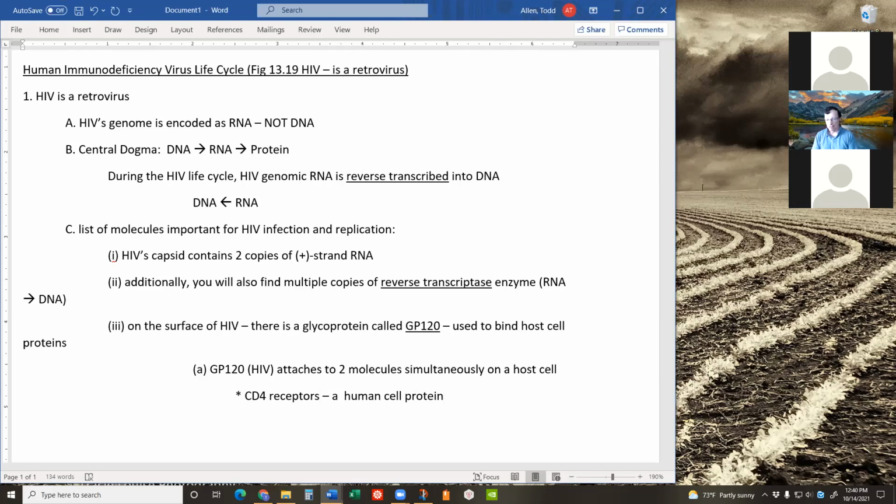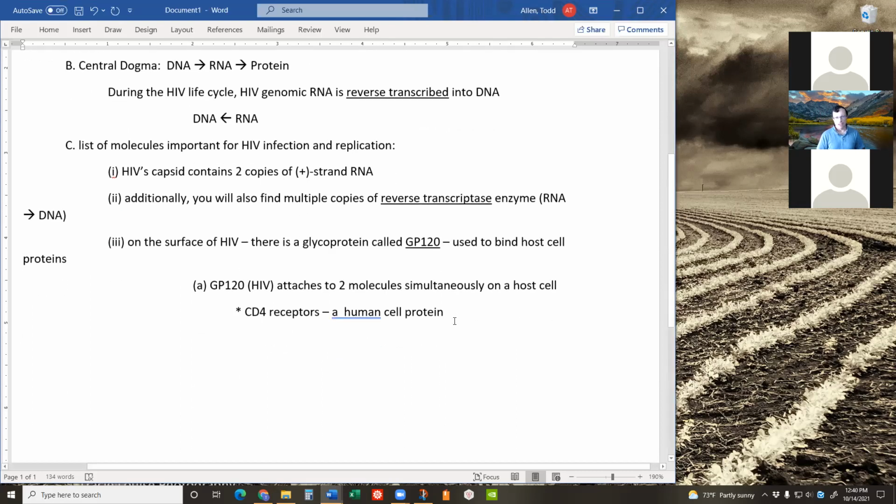And then there are other proteins, other receptors that HIV is potentially capable of binding. My next statement might seem a little bit weird, but stay with me here.